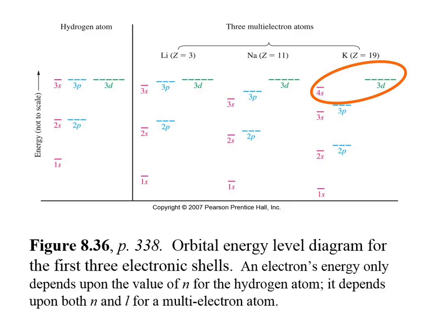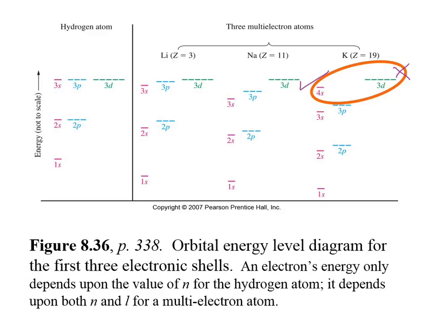Can you see where this is different than what I drew? I'm going to show you the arrow diagram that would flesh this out. The real deal is before you get to 3d, you get to 4s. That's not the way my little onion went, and I'll show you why that is.